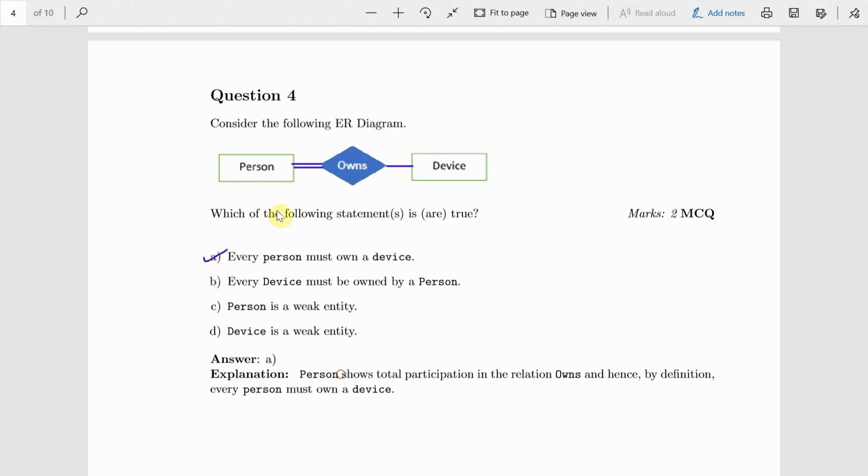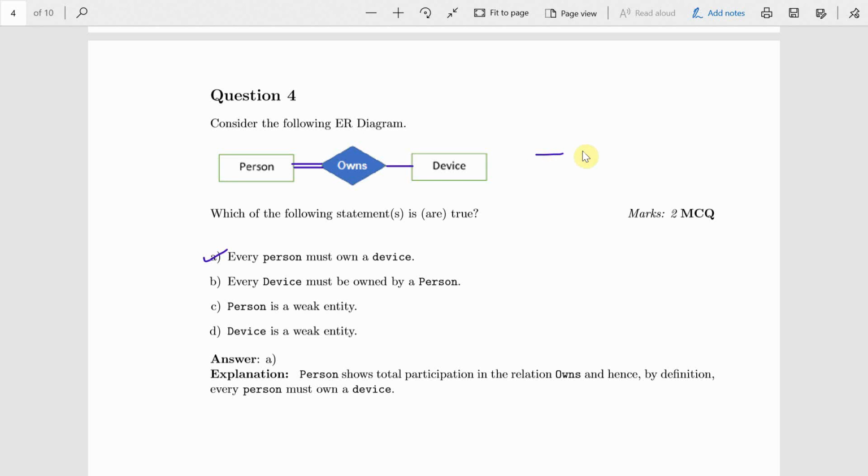That is perfectly correct. Why? Because the person to owns relationship is total. Total means compulsory relationship. Option B says every device must be owned by a person. If it is must, there should be a double line to represent the total participation.